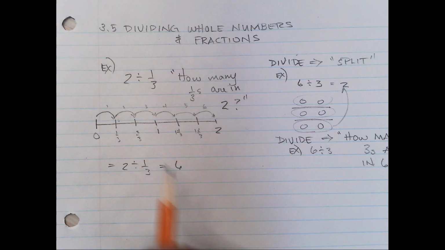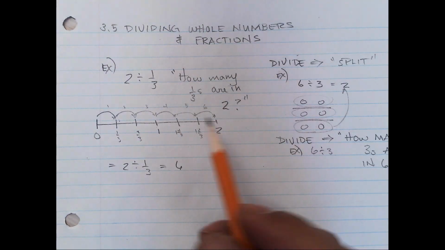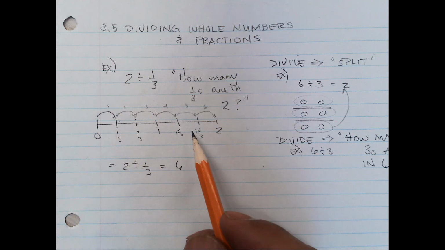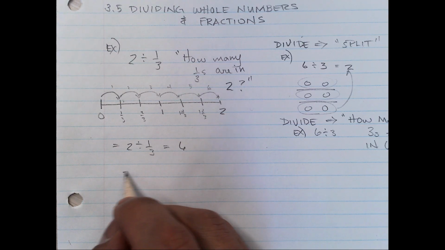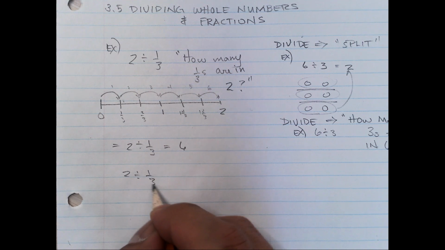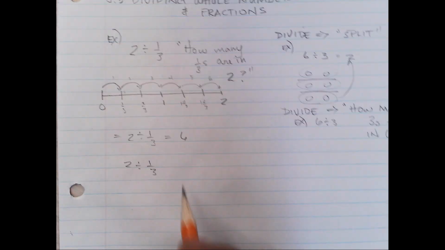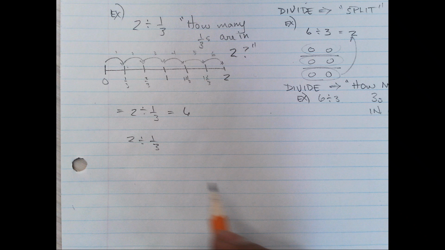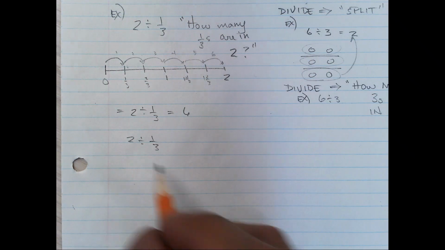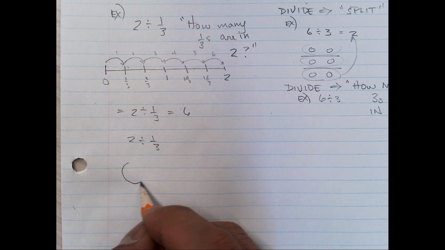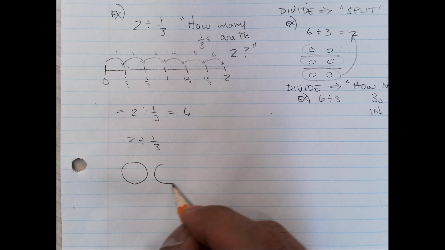Now, there's another way to model this. Here it is again. This time I'm going to use circle models. So 2 divided by 1/3. It's still the same thing: how many 1/3s are there in 2, except this time I'm going to take 2 wholes.